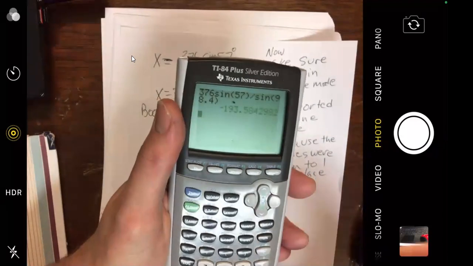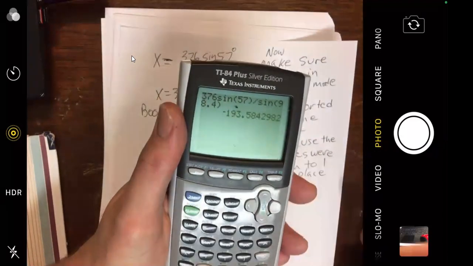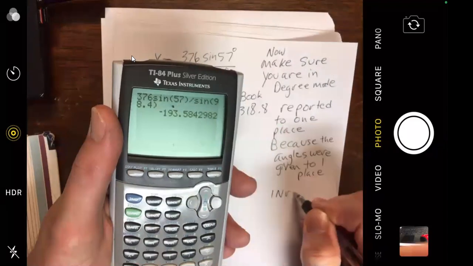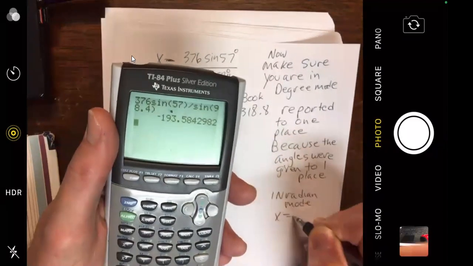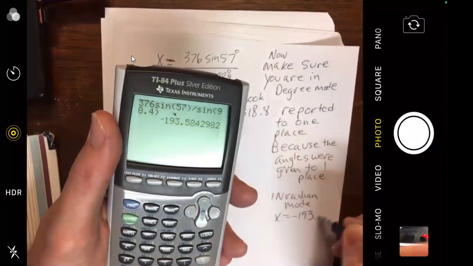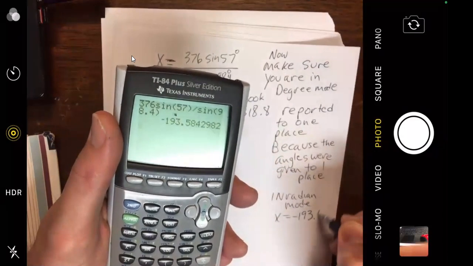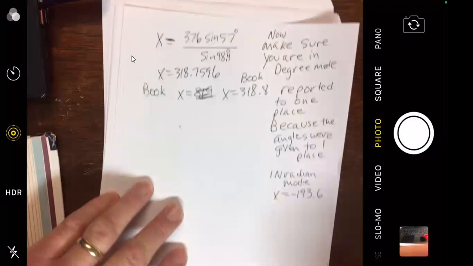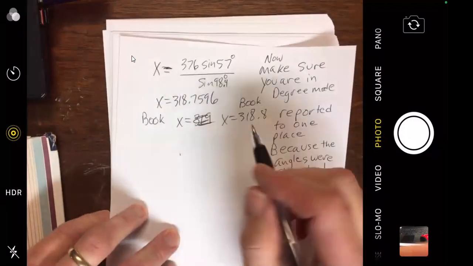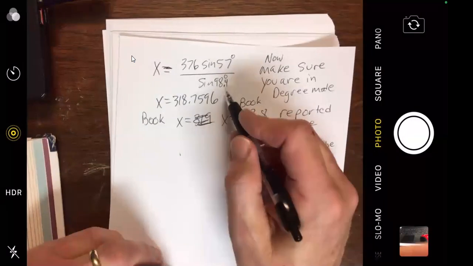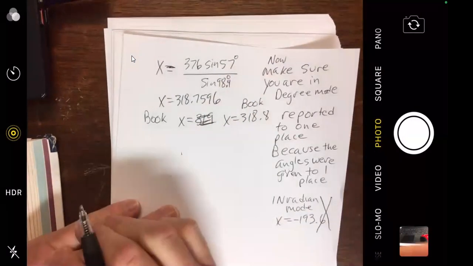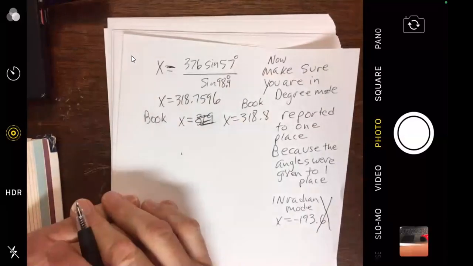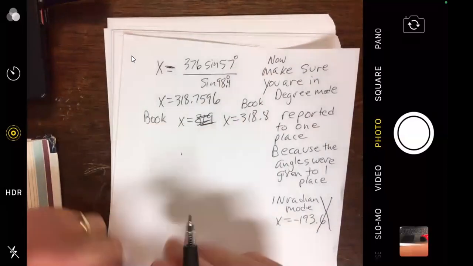And yeah, you get a completely different answer. In radian mode, you get an X of negative 193.6. Completely nonsensical, because it took 57 radians over 98.4 radians. So that's when you've got to watch the mode. It's really a shame to do everything completely right, but have your calculator in the wrong mode.